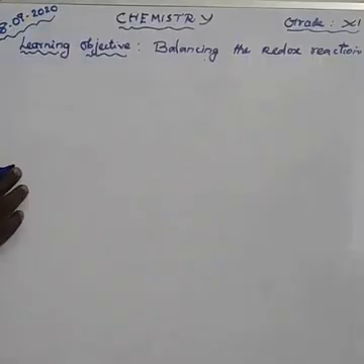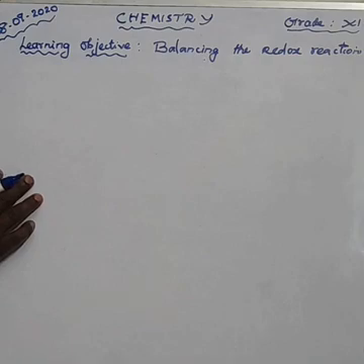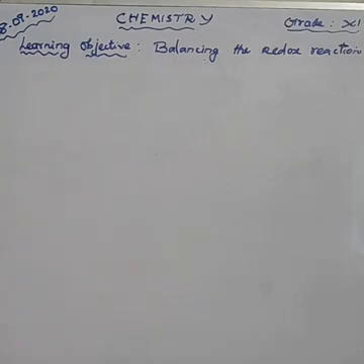Okay, then by the oxidation number method, we can consider the oxidation of ferrous sulfate by potassium permanganate in acid medium. Before going, first of all you should learn about the equivalent weight of KMnO4 in acid medium.